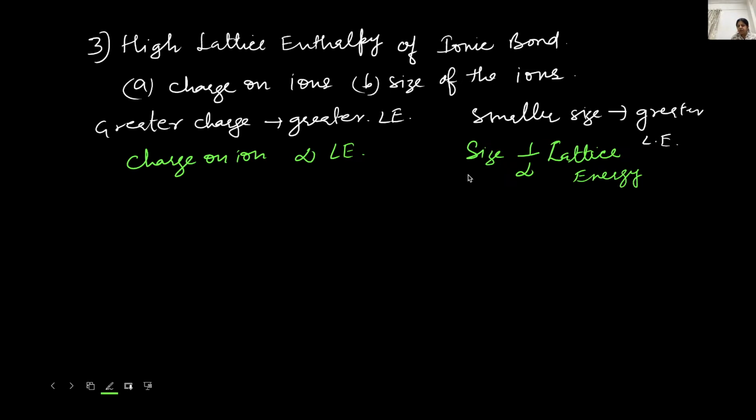Can you correlate the things: for the formation of an ionic bond, high lattice enthalpy should be there, the size of the ion should be small and the charge on the ion must be high. Okay, greater the charge, greater will be the lattice enthalpy.